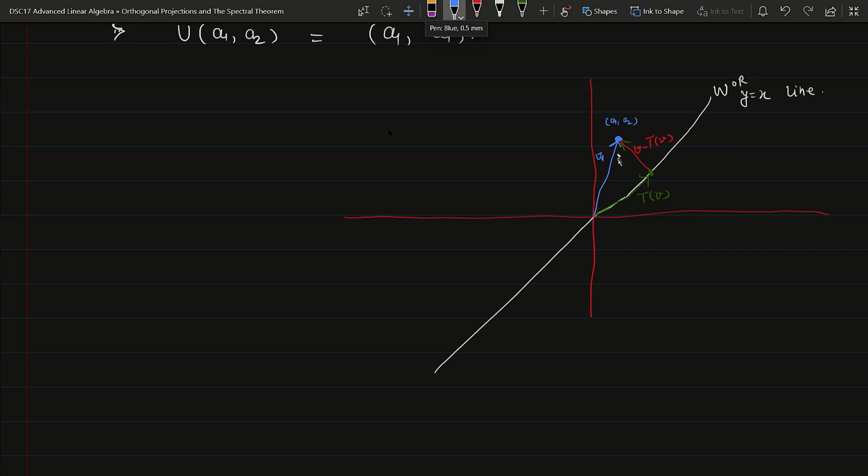So this a1 is on the x-axis, and this a2 will be on the y-axis. The coordinate will be (0, a2) and (a1, 0). Now the U transformation says that when we identify the U image of V, it will be here, because the line is the y equal to x line, so here we get its U image. This is U of V and this vector denotes the vector UV.